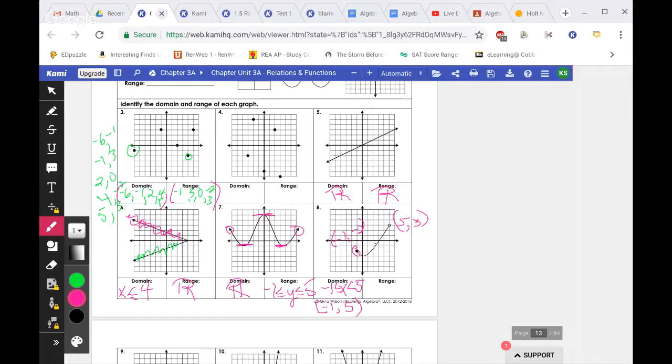So now for the range on this one, -2 is less than or equal to y. And this one, once again, that circle is open, so it's just less than 3.